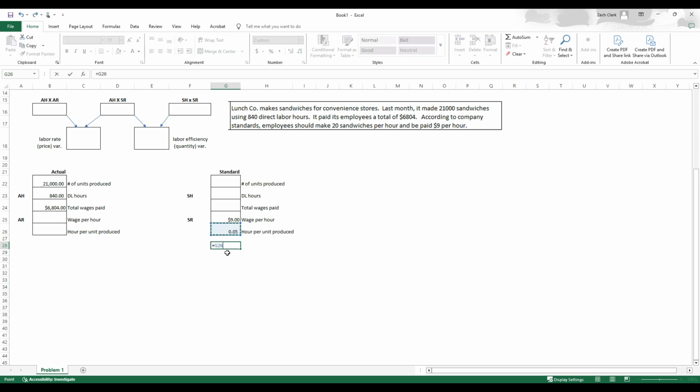And if we wanted to convert that to minutes, in other words, we'd have 1 sandwich per 3 minutes. And if you were making 1 sandwich every 3 minutes, you'd be making 20 sandwiches per hour.